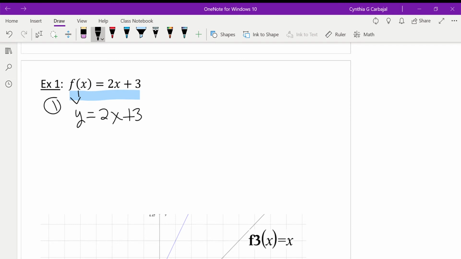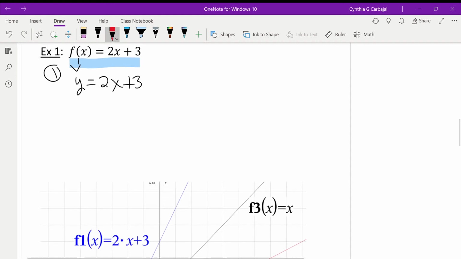Step 2 is switch the x and the y. I'm going to do that in a different color. Switch the x with the y. So now it's x equals 2y plus 3. Step 3, solve for y.